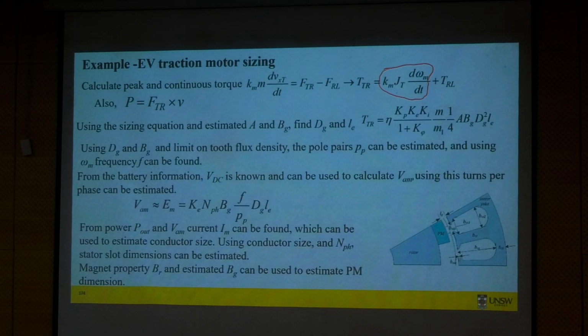So rated power is mostly the rolling resistance and the air drag. We can calculate from there, and if we know the DC bus voltage, as we said, we can find out what the peak rated voltage will be. So we will know the peak rated EMF, and from there we may be able to calculate the turns.